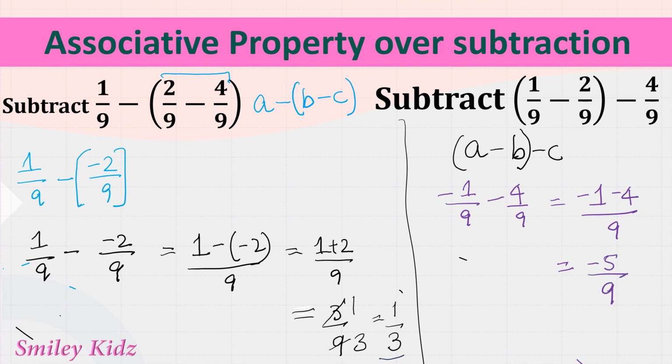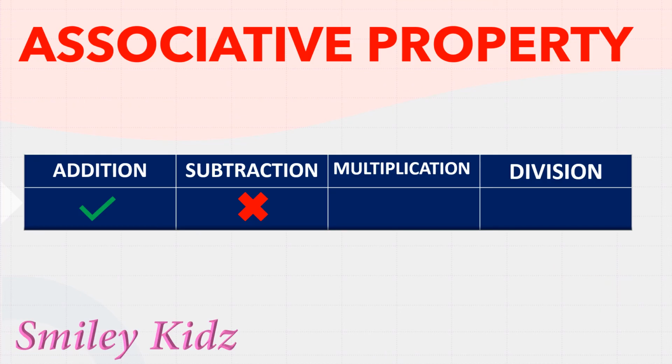So when we did the first condition, we got 1 by 3. And when we are doing the second condition, we are getting minus 5 by 9. So this tells us that associative property over subtraction is not satisfied for rational numbers. We have filled the second block, that is rational numbers do not satisfy associative property over subtraction.